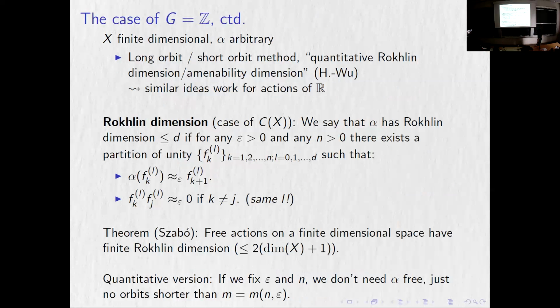Okay, so what about the non-free case? Because everything so far involved freeness, right? Some things, like finite Rokhlin dimension, are actually a strong version of freeness. Those Rokhlin towers mean that some things get moved to something else, and those things imply the action has to be free. So what do we do when the action is not free?